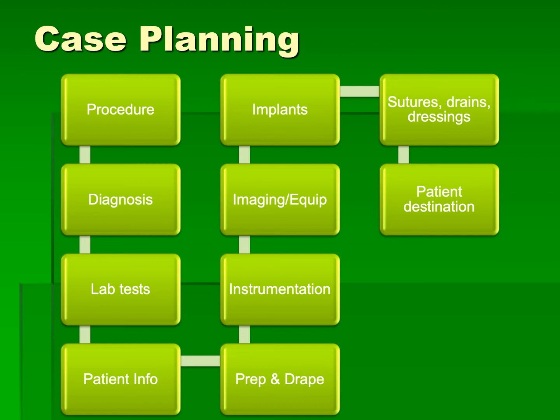Then we're not going to be able to take a skin graft from there, and we're going to have to start with the patient in supine and take the skin graft from the front of the patient, and then they're going to have to be repositioned. So those are some questions that we need to ask, and those are some things that we need to think forward about, because it's not always cut and dry as far as the draping goes.